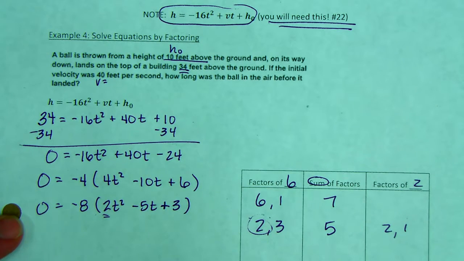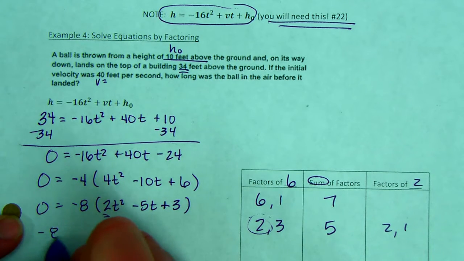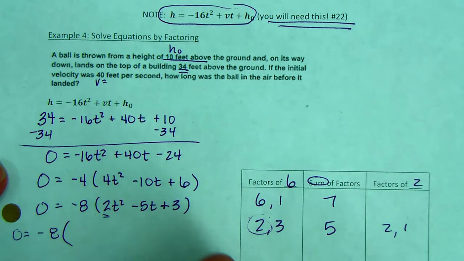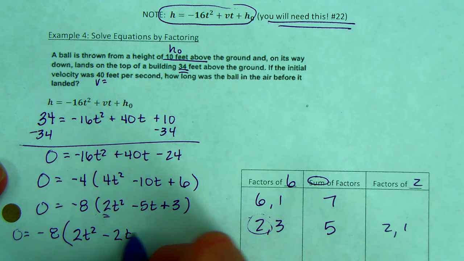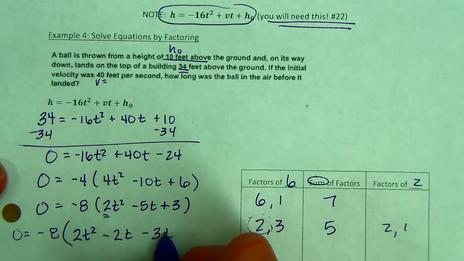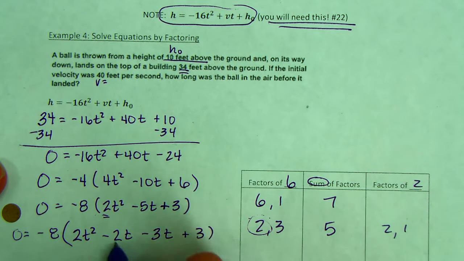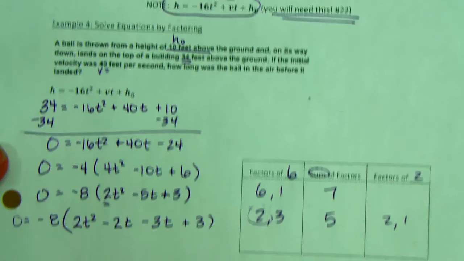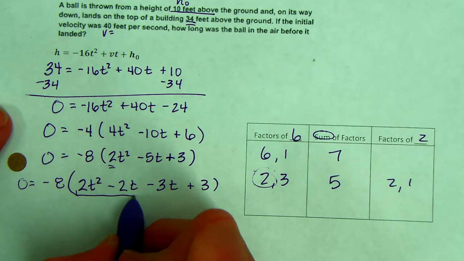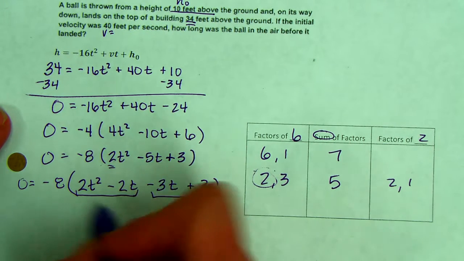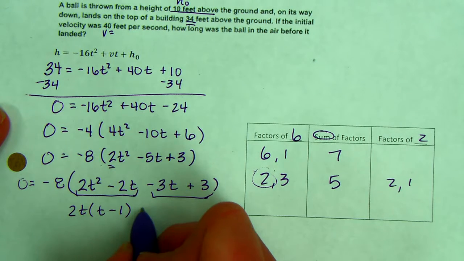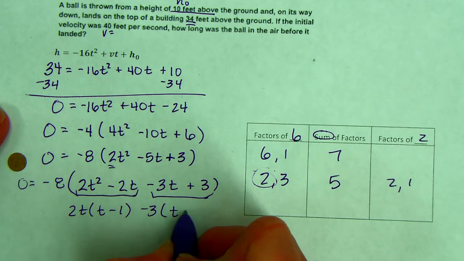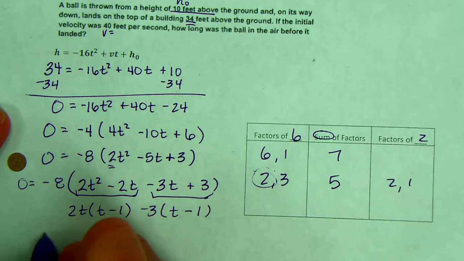And I got 2t squared minus 2t minus 3t plus 3, because negative 2 and negative 3 give me negative 5. Now let's group in my parentheses. 2t gives me t minus 1. Take out a negative 3 gives me t minus 1. So my factors look like this: 2t minus 3 and t minus 1.